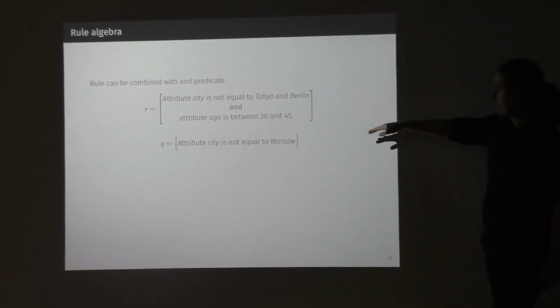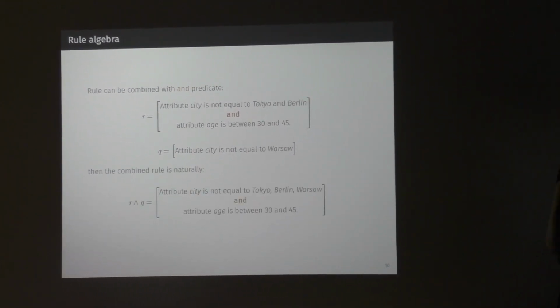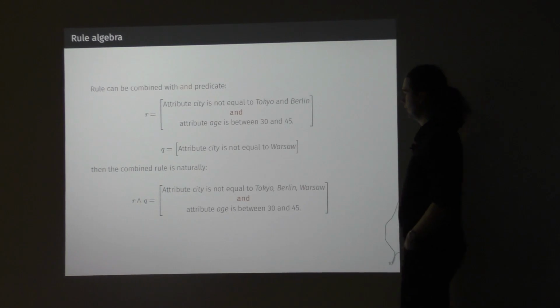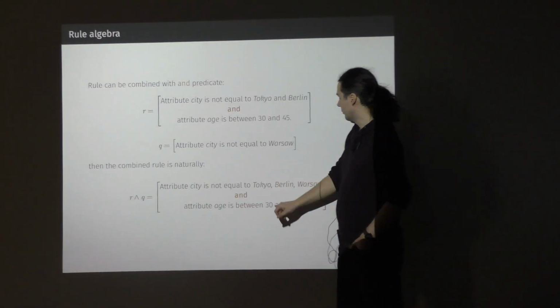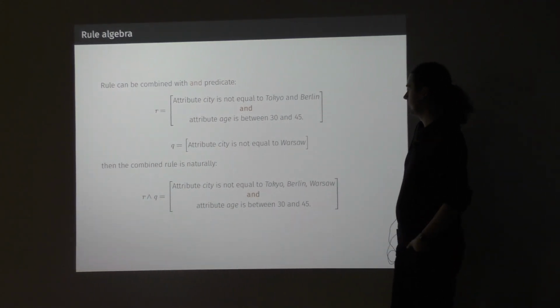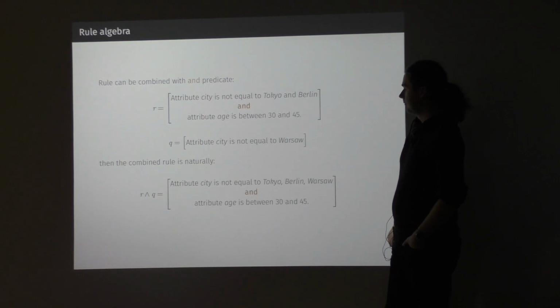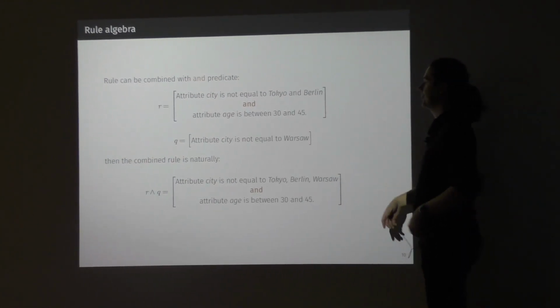Since I said that we have only AND, let's do AND of those two. By doing AND of those two, we end up with a rule where attribute city is not equal to Tokyo, Berlin, or Warsaw, and attribute age is between 30 and 45. So this is a logical AND of those two rules.